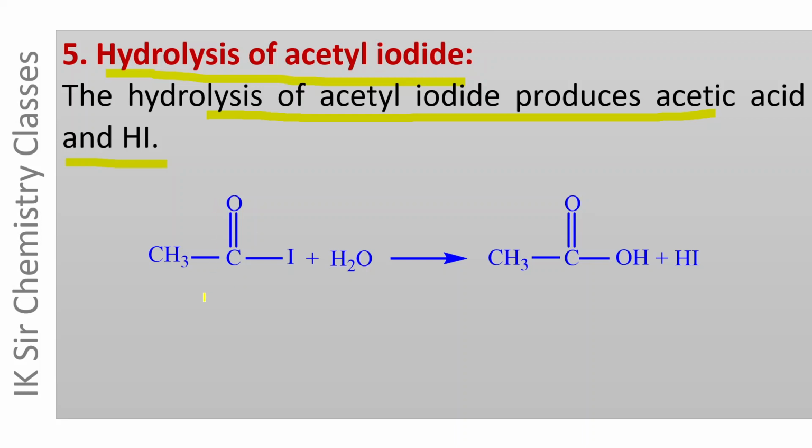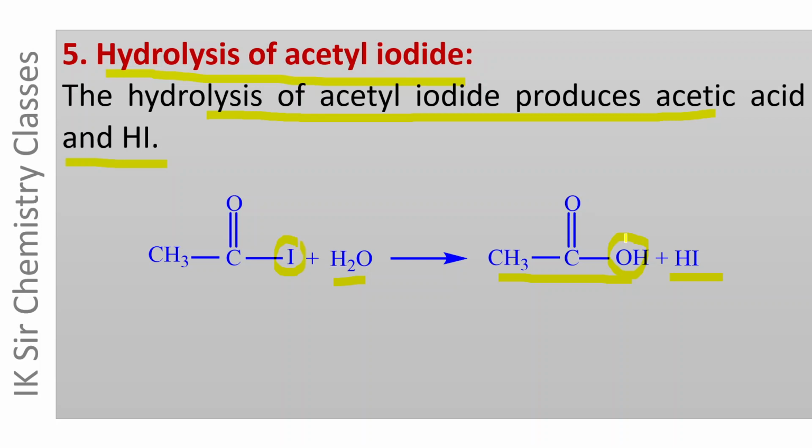Its IUPAC name will be ethanoyl iodide, and it undergoes nucleophilic attack by H2O producing acetic acid and HI. Actually, this reaction is a nucleophilic substitution reaction in which the iodine atom is replaced by the nucleophile OH.